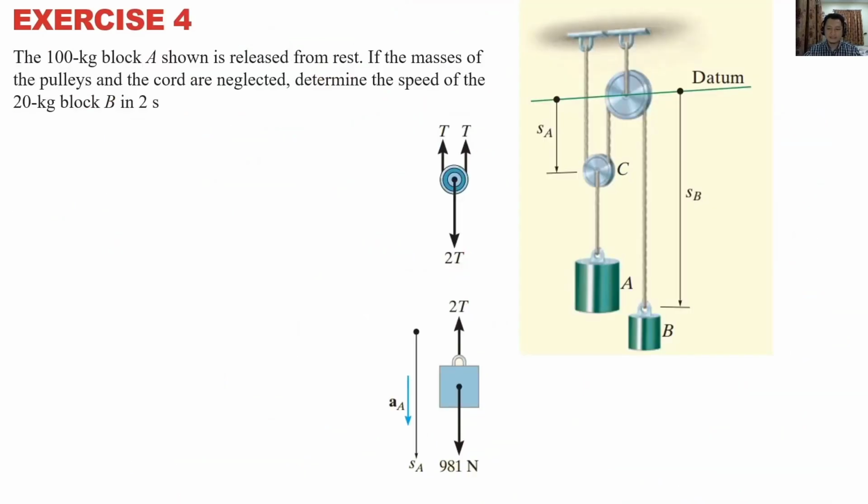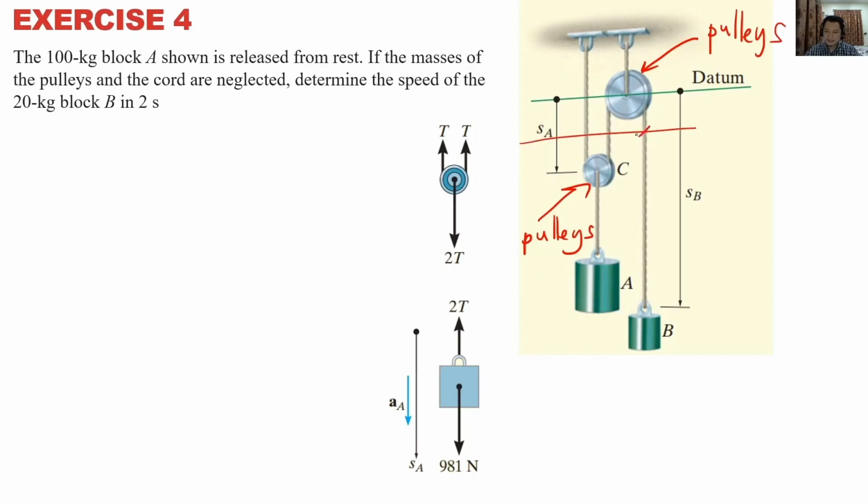For example, this is a block which is suspended by a few cables. This is cables. You've got pulleys. This is also pulleys. So when you have pulleys, you gotta cut it.